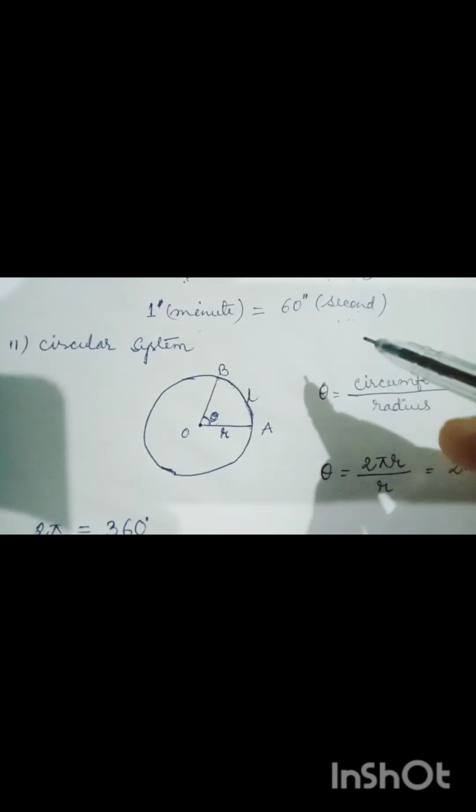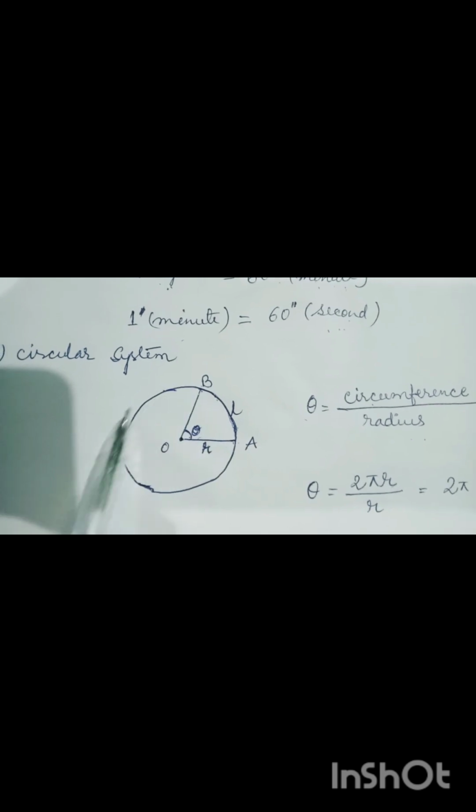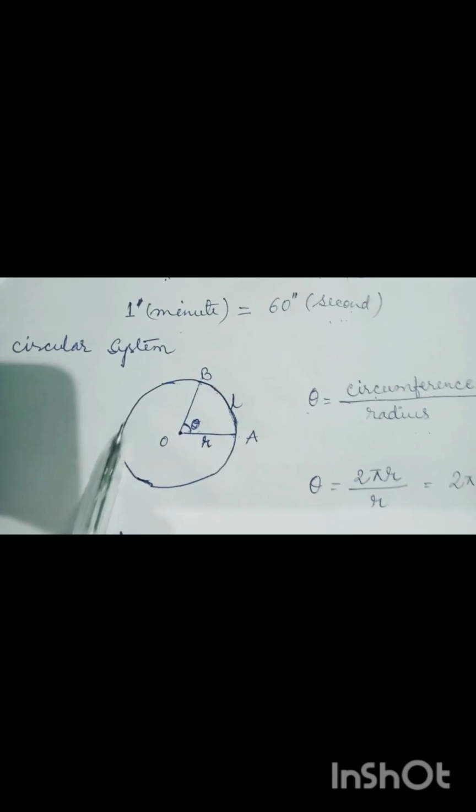So what is the value of theta due to the length AB? The angle is defined as the ratio of arc length to the radius. And we know that there is a fixed radius of a circle. So the circumference is a complete measurement or length of the line drawn about its center.